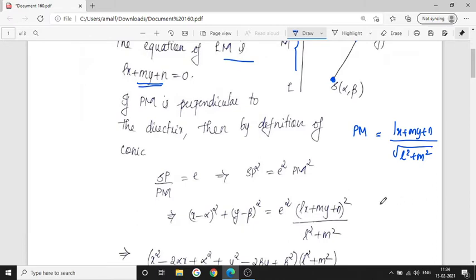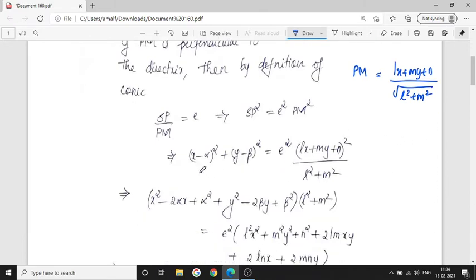Now cross multiply ചെയ്യ. After cross multiplying we are going to write in the form ax square plus 2hxy plus by square plus 2gx plus 2fy plus c equal to 0. So we will collect the coefficients of x square, xy, y square, x, y, and then the constant term. Upon cross multiplying, I have expanded this.